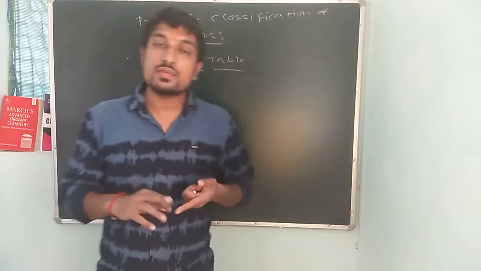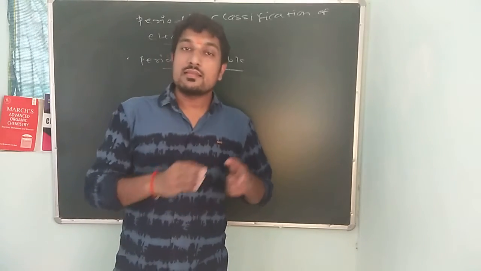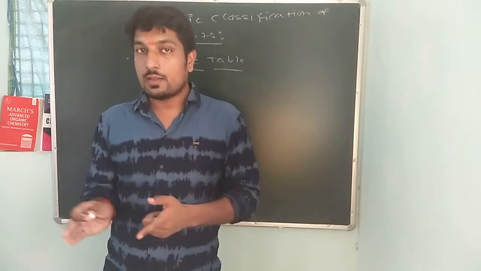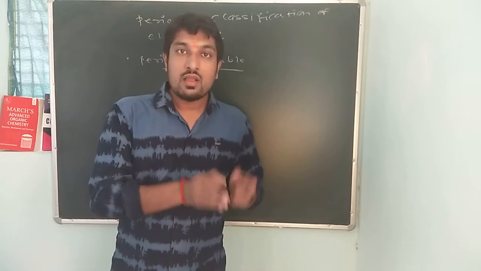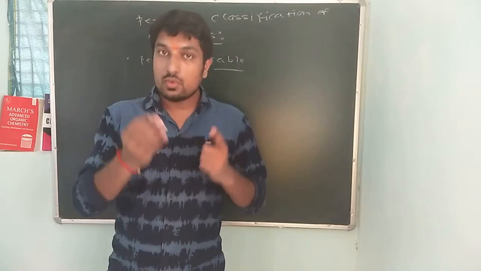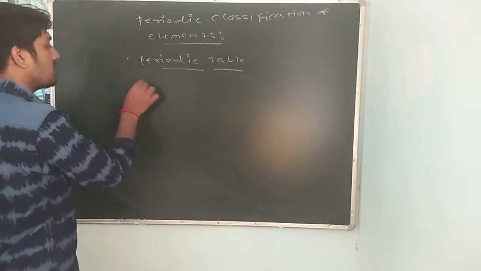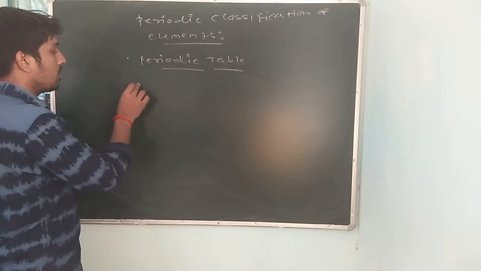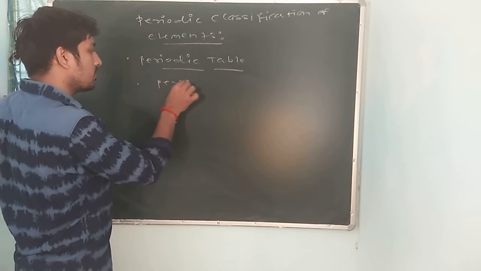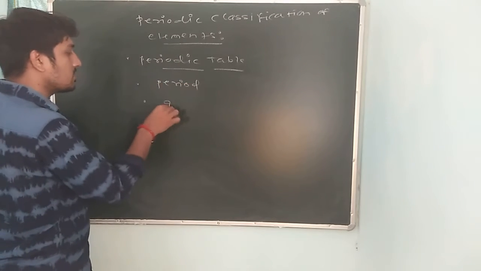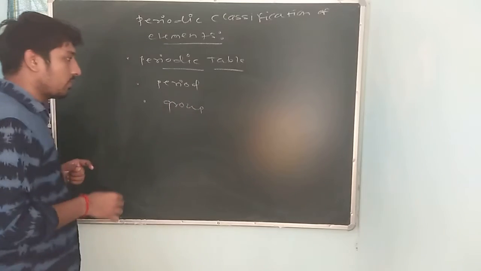The scientist Mendeleev created the periodic table, and in the periodic table many elements are there. These elements are arranged in two ways. The first way is period, and the second is group.